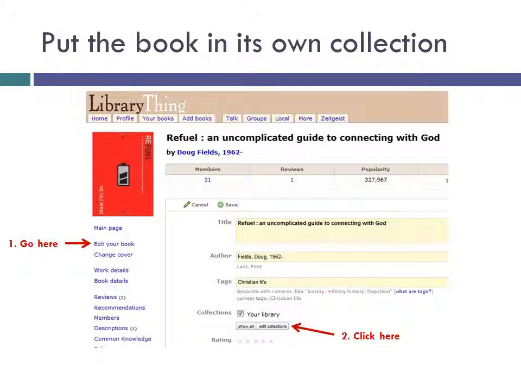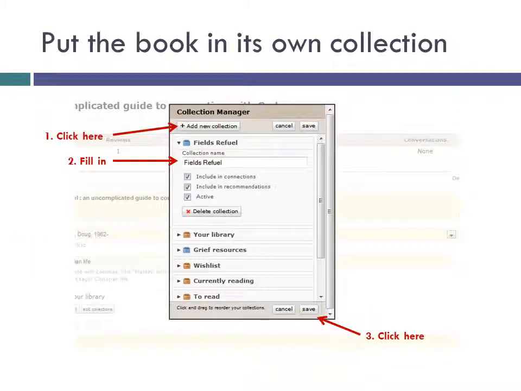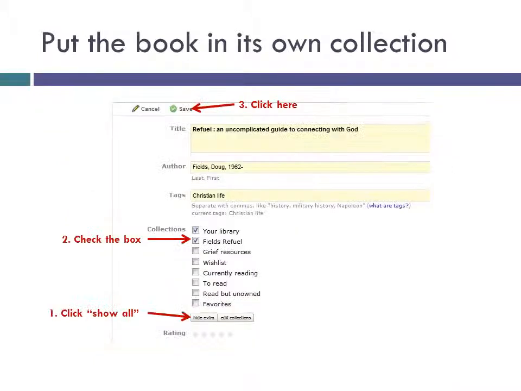First, click the Edit Your Book link, then click the Edit Collections button. You'll see a pop-up like this. Click Add New Collection, and it will expand. Fill in the name. I like to use the author's last name and a word of the title. Make sure it's something you won't use again. Then click Save.